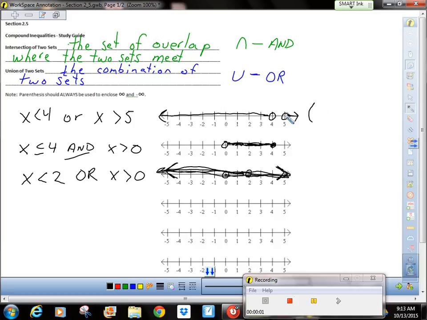This graph here is from negative infinity to 4, or, so when we use the U, 5 to infinity. From negative infinity to 4, and from 5 to infinity. And notice I use parentheses because parentheses mean that it doesn't actually include 4 or 5 or negative infinity, positive infinity. You can't actually reach infinity, right?